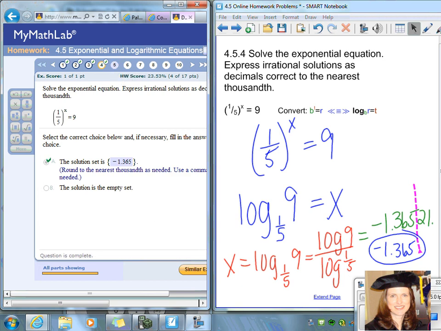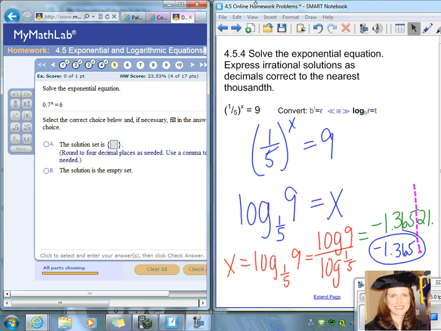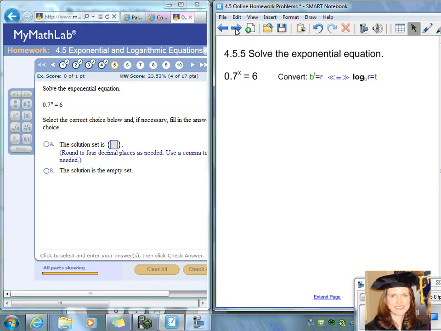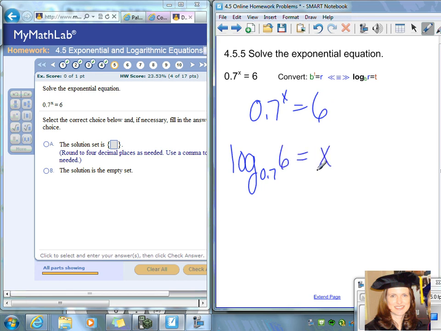Let's go on to question number 5. Question number 5 is another exponential equation. 0.7 to the x power equals 6. 0.7 to the x power equals 6 can be rewritten as a logarithm. The base is 0.7. The argument is 6. That has to equal x.